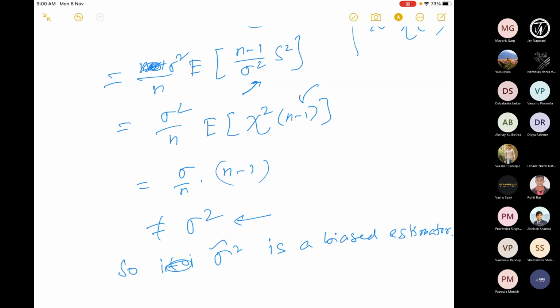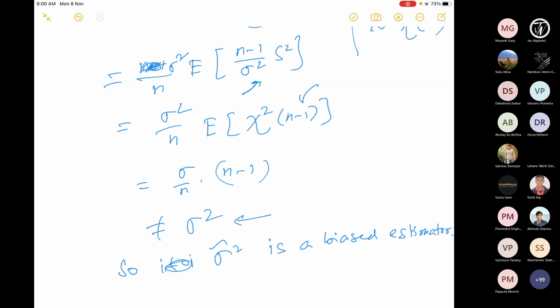At least we have now seen that the estimator we found using ML or MOM, for the case of sigma square in a normal population or normal random sample, is biased.